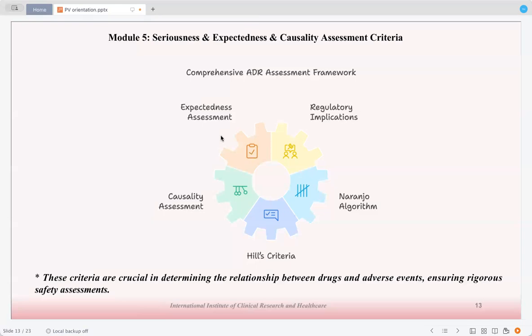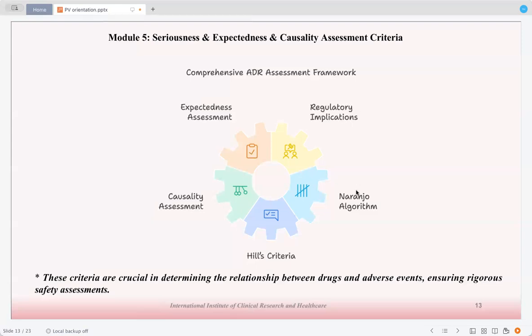The Naranjo algorithm is a questionnaire used in pharmacovigilance to determine the adverse drug reaction. In this algorithm, numerical scores determine the probability of the relationship, offering a standardized and objective approach to causality assessment. So that is the Naranjo algorithm.